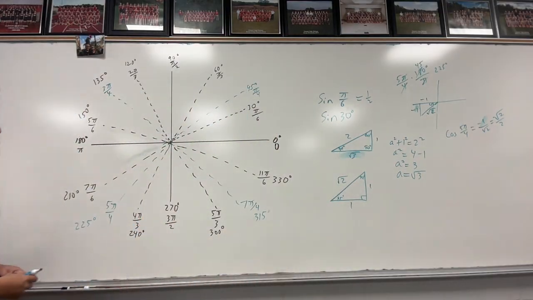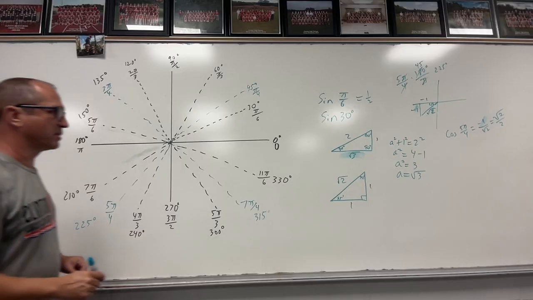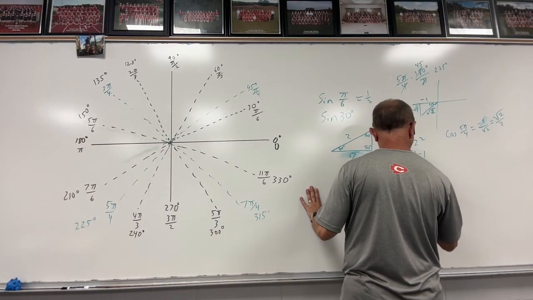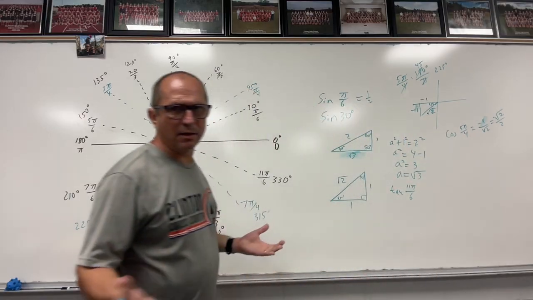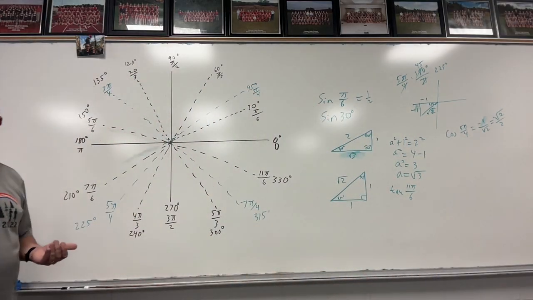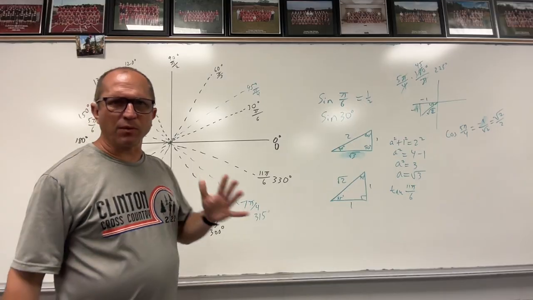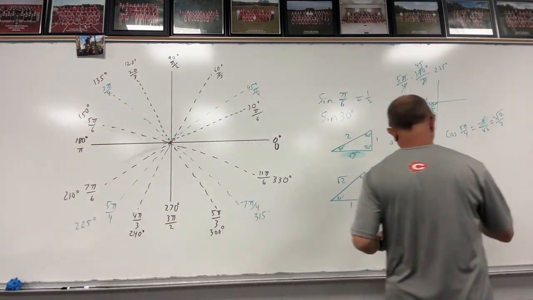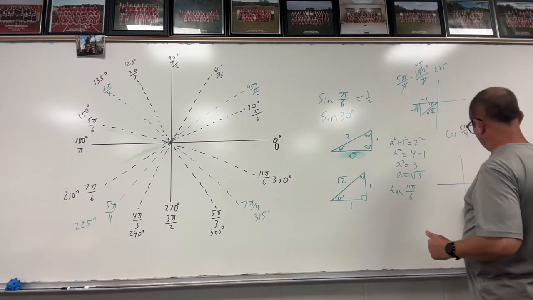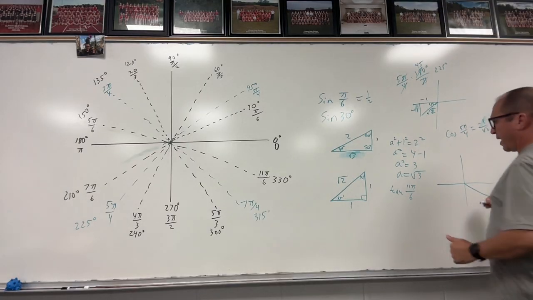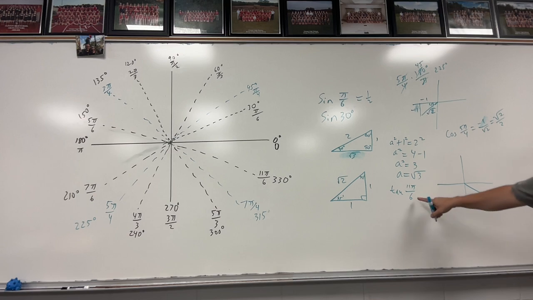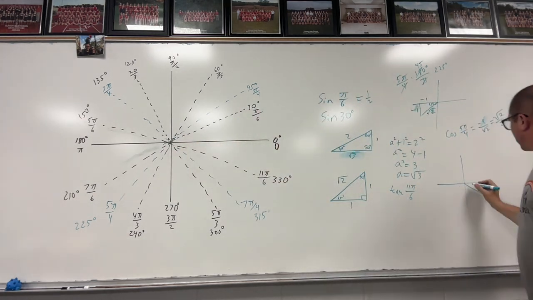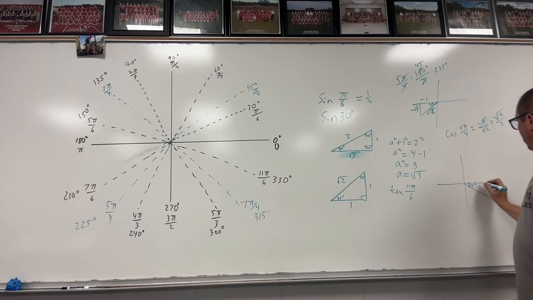Let me do one more for you. Let's go with 11 pi over 6, and let's do tangent. We want the tangent of 11 pi over 6. Double your denominator, you get 12. 12 minus 1 is 11, so we know we're in the fourth quadrant here. So drawing a triangle in the fourth quadrant, and when I draw that triangle, I know over 6, 1/6 of 180 is 30, so I know I'm talking about a 30-degree angle here.